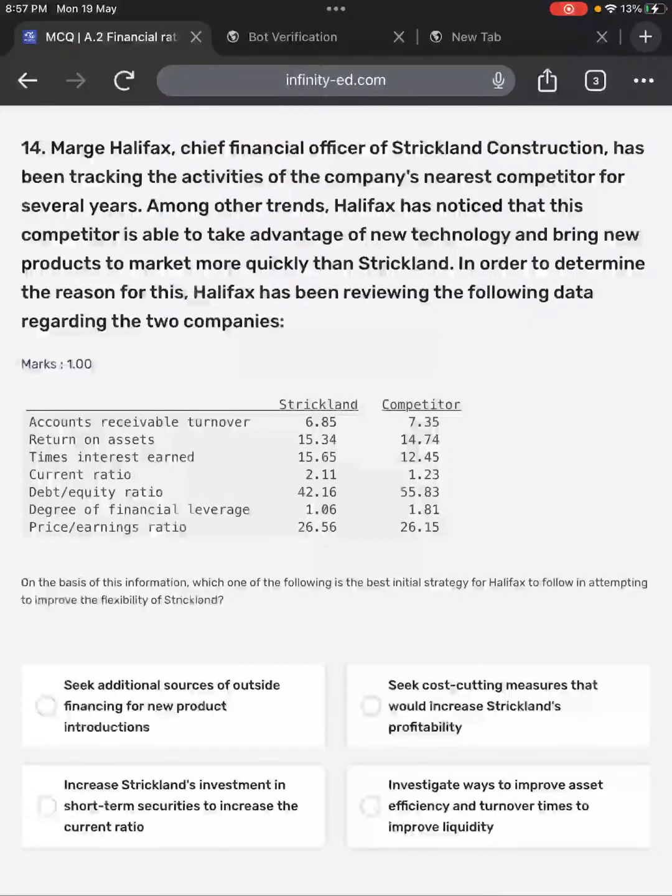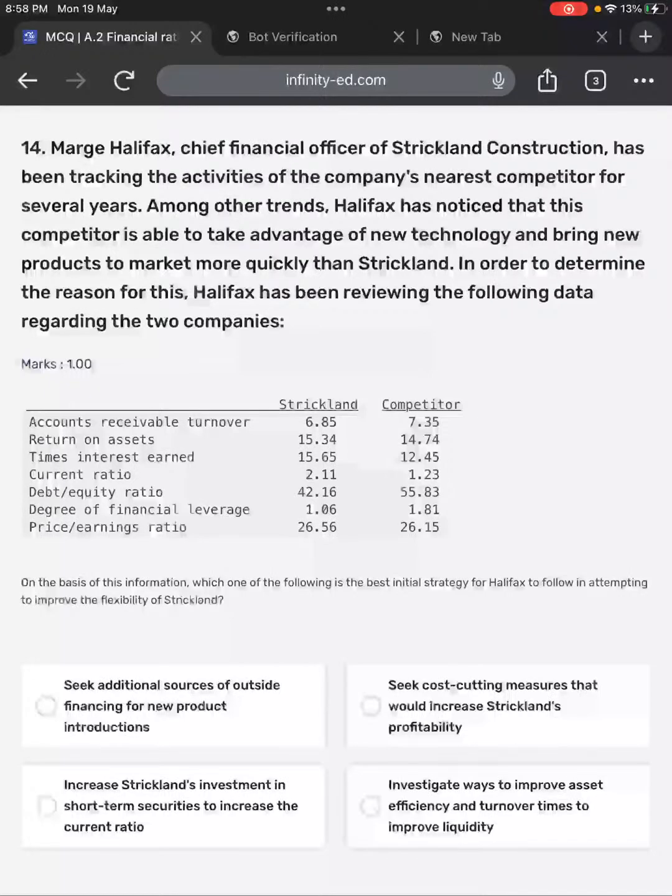Account receivable turnover given, return on asset given, times interest earned. Times interest earned means how? How do we calculate it? Formula is simple.